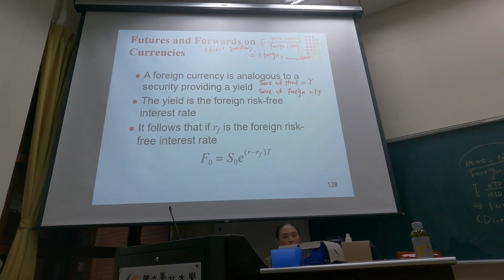RF is the interest rate in the foreign country. Are we okay with that? Yeah? Okay. So the yield is the foreign risk-free interest rate, that's the RF. Okay? So it follows that F0 equals S0 e^((r - rf)T). Okay, I'm going to show you why.